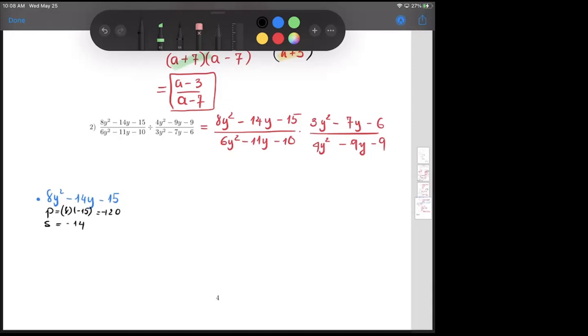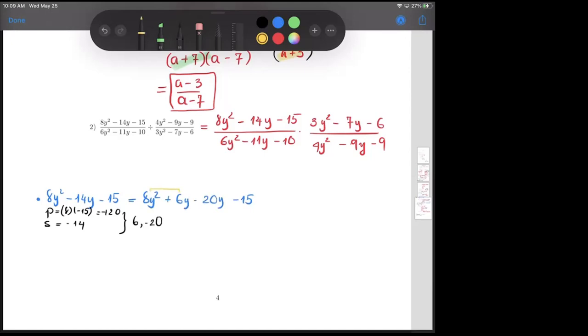6 and negative 20, right? 6 times negative 20 is negative 120, and 6 plus negative 20 is negative 14. So this is equal to 8y squared plus 6y minus 20y minus 15, or you can do minus 20y plus 6y later, doesn't matter. And now you group factoring.